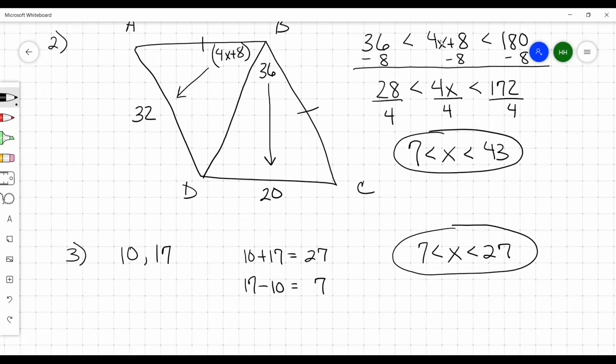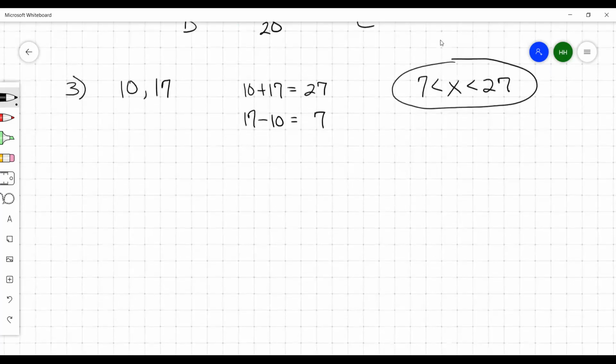All right, and then number 4 is one more range of values problem. You've got your 10x that's across from an 18. You got your 8x plus 20 that's across from a 14. So your 8x plus 20 has got to be less than your 10x.